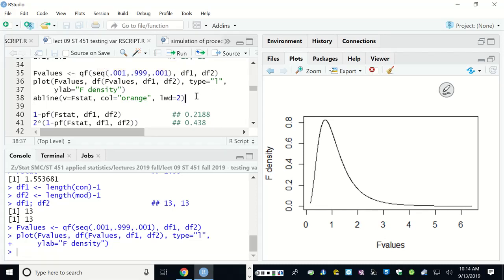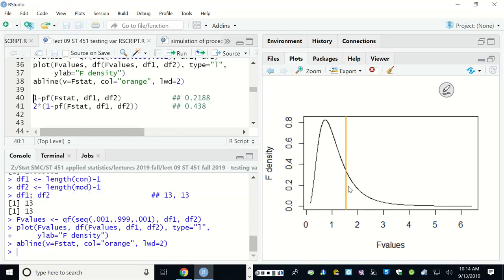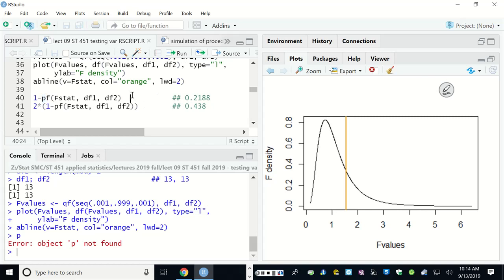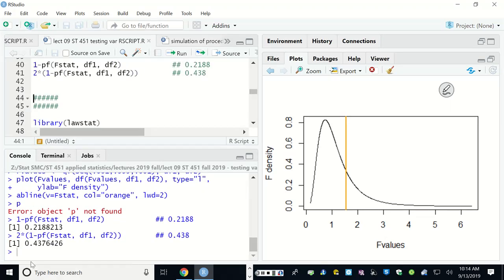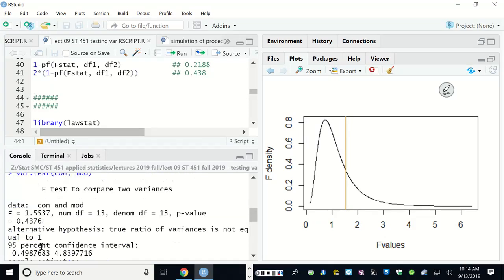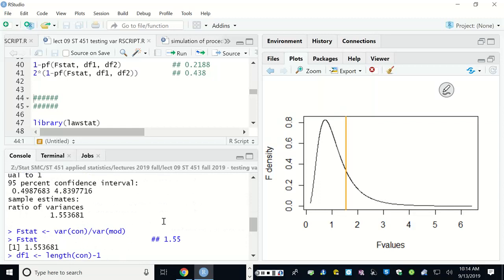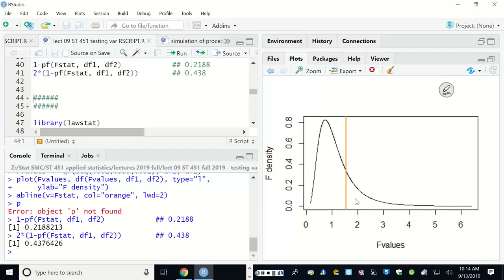Where is our F statistic value? It's right there. So it's not that far from 1 under this curve. The pf is the probability up to this point. Since I'm above 1, I'm going to calculate 1 minus that. That's about 0.22. And if I double that, it's about 0.44. And that was the p-value reported up here in that one.